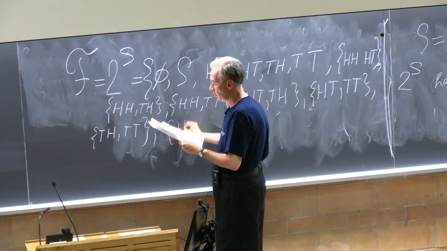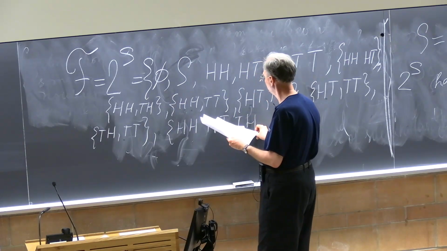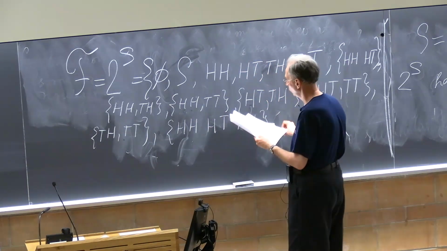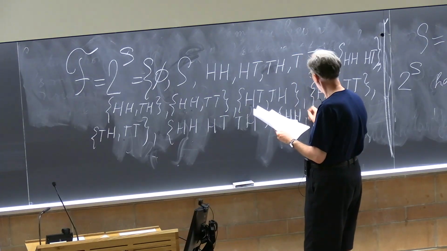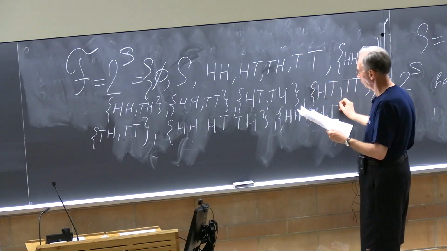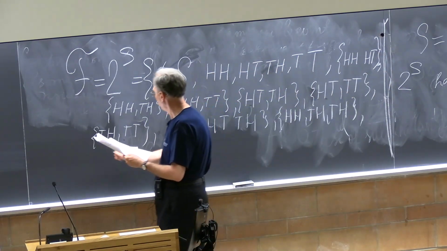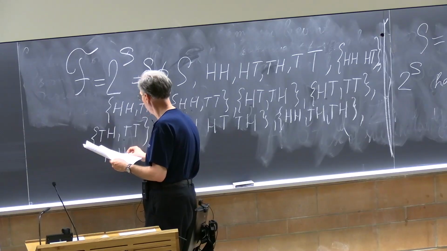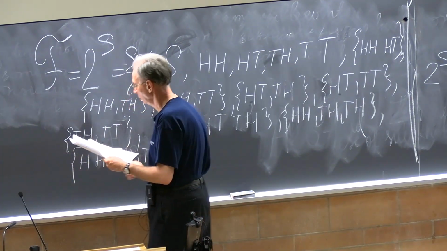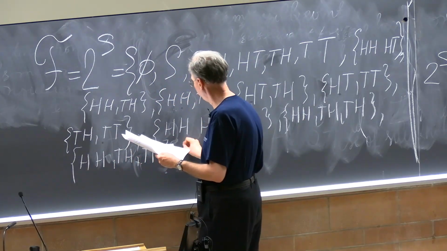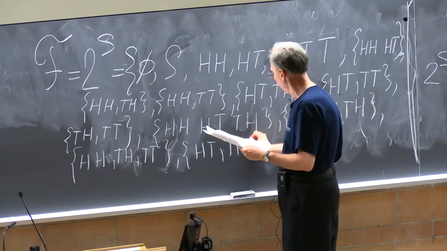So we get HH, HT, TH, HH, HT, TT, HH, TH, TT, and finally HT, TH, TT.